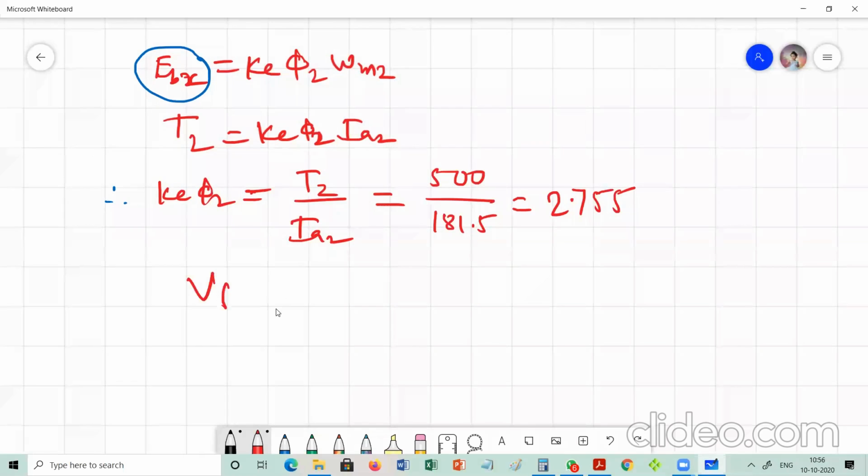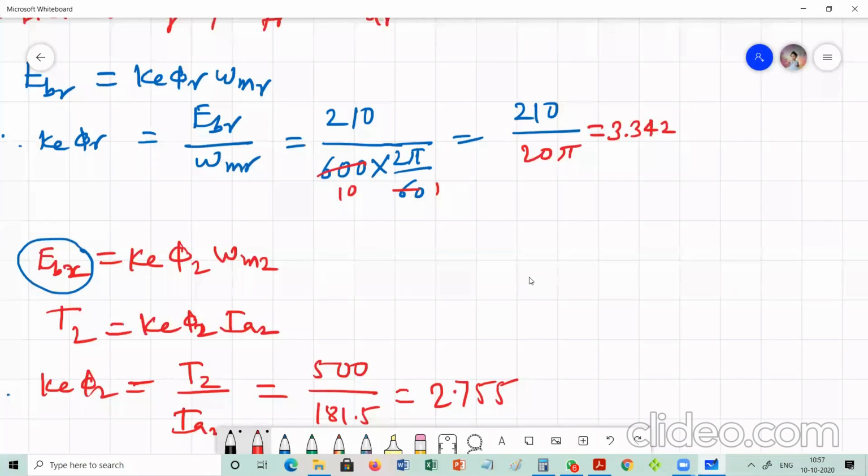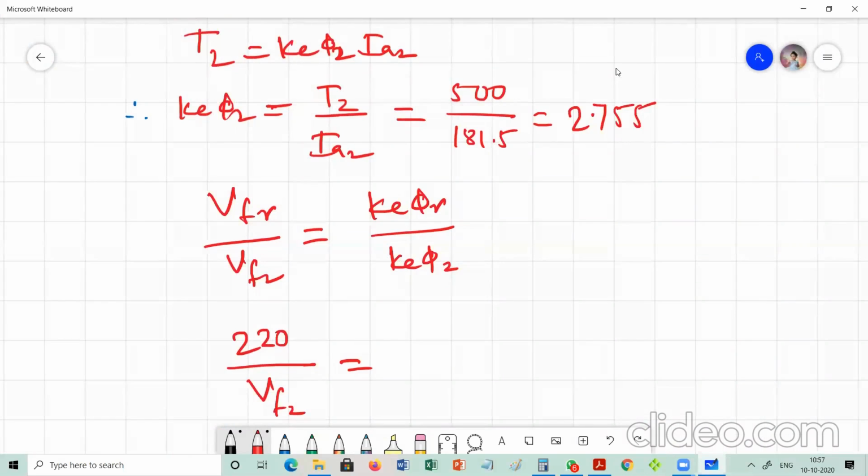Again, Vfr by Vf2 is equal to Ke phi r divided by Ke phi 2. Vfr we have assumed equal to 220 volt, divided by Vf2, is equal to Ke phi r which we have calculated as 3.342, divided by Ke phi 2 equal to 2.755.